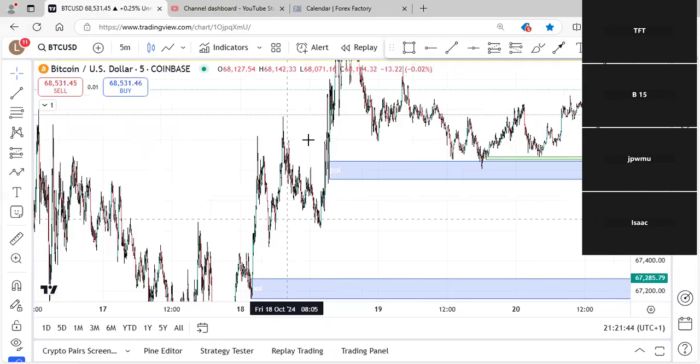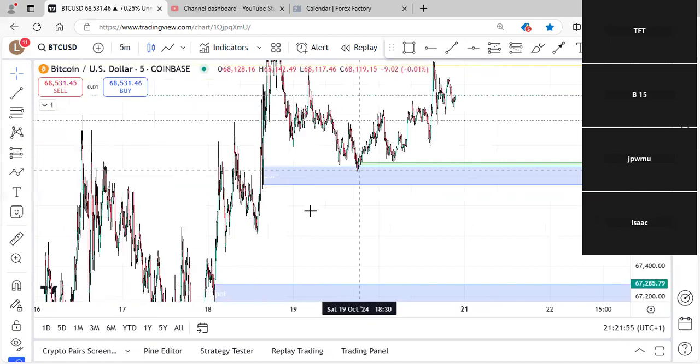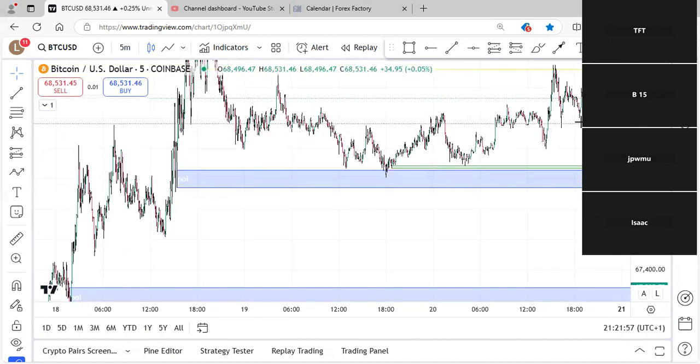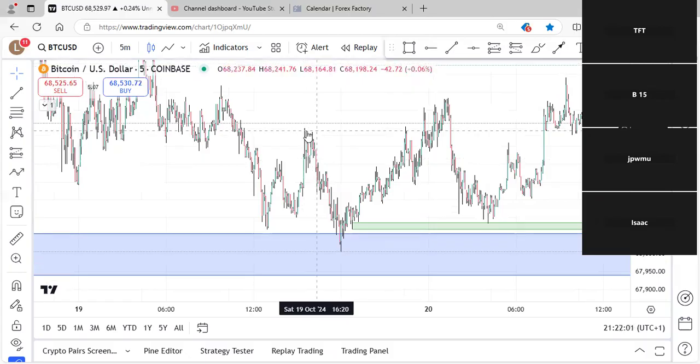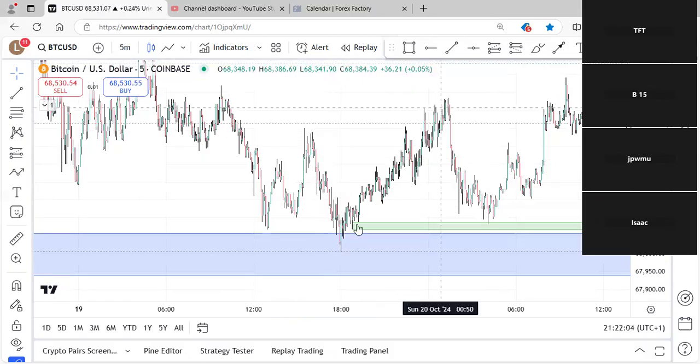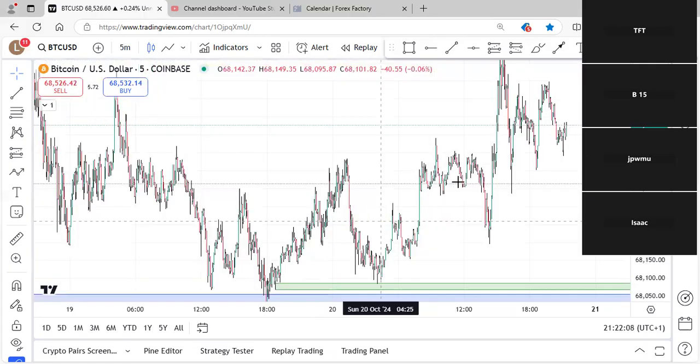Somewhere in here causes this break. I've just said that 4 times, obviously, just to make sure you're all listening. Causes the break, price comes back. I'm on the 5 minute at the minute, but it then causes a 1 minute break up here, causes a break again, leaves an imbalance, mitigates the imbalance, buys up.